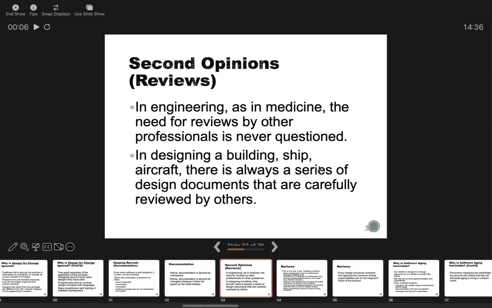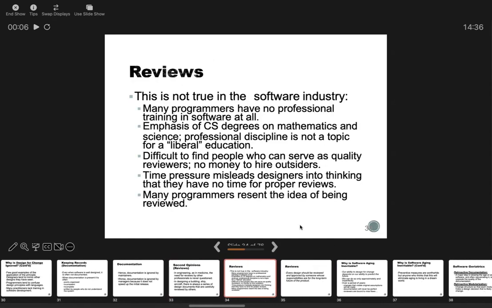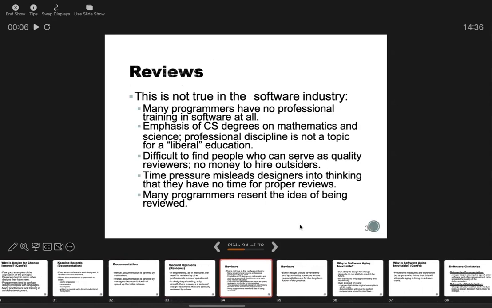So this is another preventive measure for software aging. That is, we should review the actual code. In engineering or medicine, if we have a review, there might be a question, but in software engineering we must have this peer reviewing.